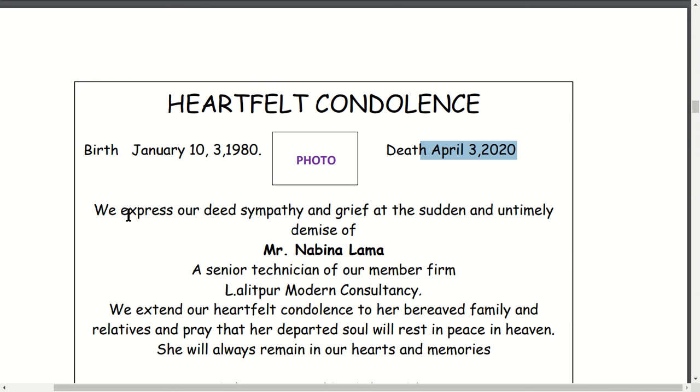Then we express our deep sympathy. These are the words you should learn here. I hope you learned them by heart. Express our deep sympathy and grief at the sudden and untimely, before time. Untimely means before time.